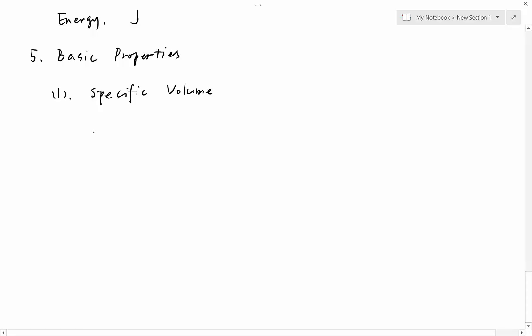We use the letter nu. Nu is equal to volume over mass. That's the definition of specific volume.